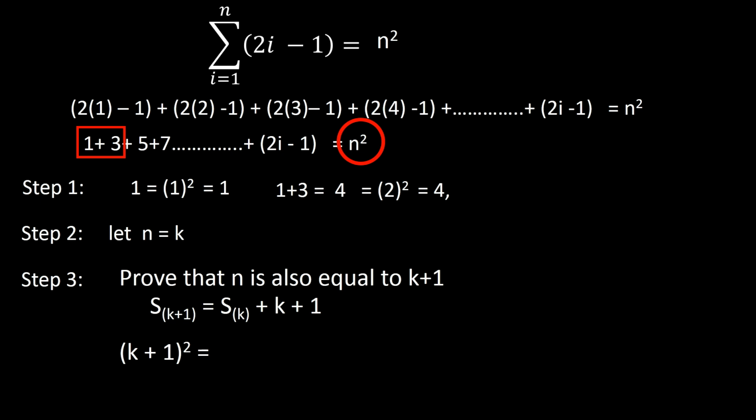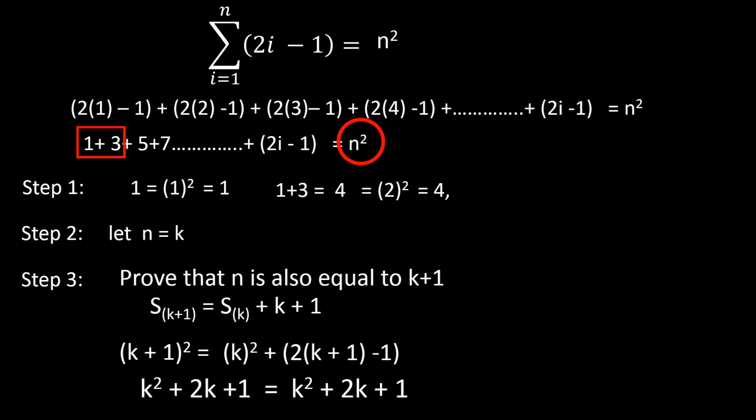So anywhere we see n, we press k, and we get k squared plus k plus 1, as I've said earlier, that 2i minus 1. So i will be k plus 1. i is also equal to n. So i and n have the same value. So if we solve it, we should get k squared plus 2k plus 1, which is equal to k squared plus 2k plus 1.